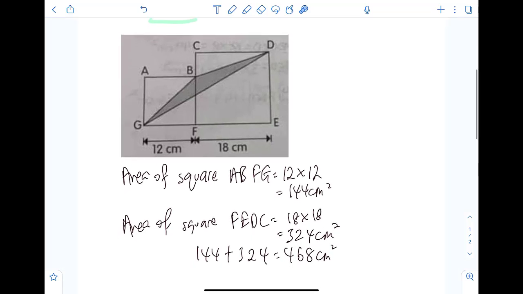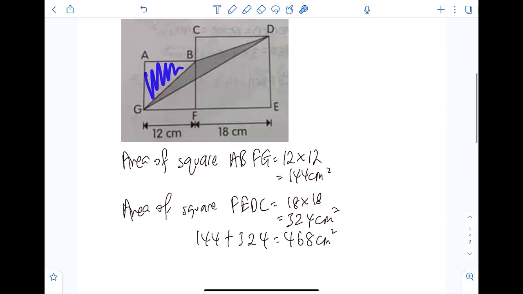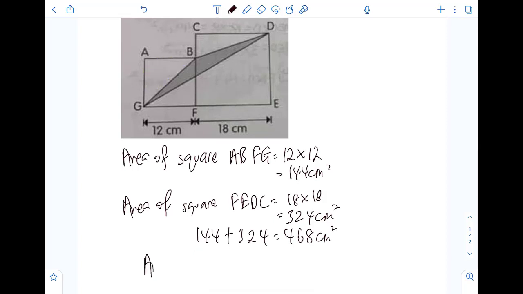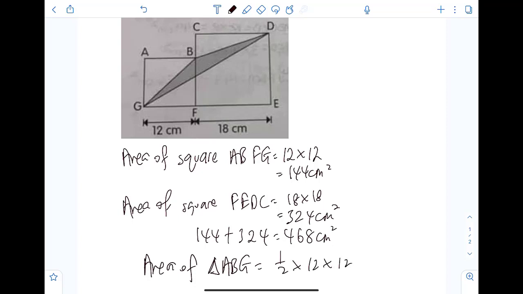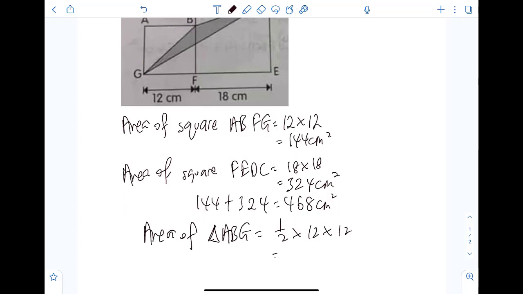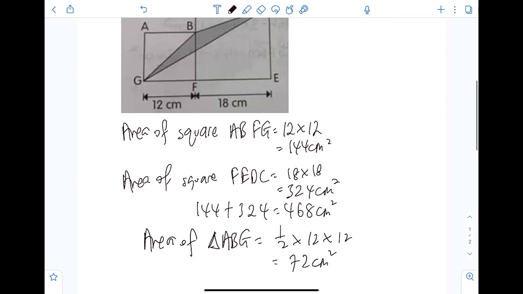And we'll take that minus away this triangle here, which is triangle ABG. That will be half times base times height, right? Half times 12 times 12 equals to 72 square cm.